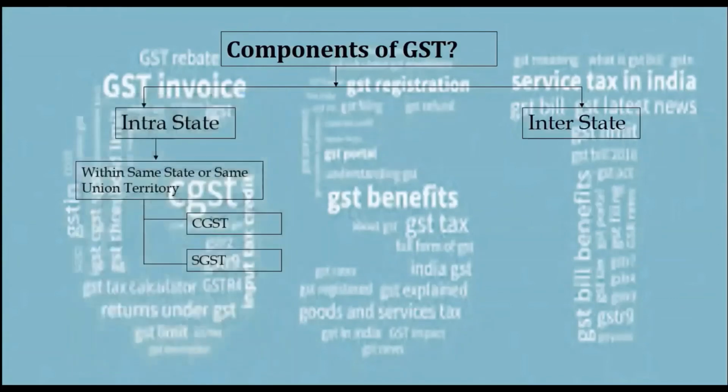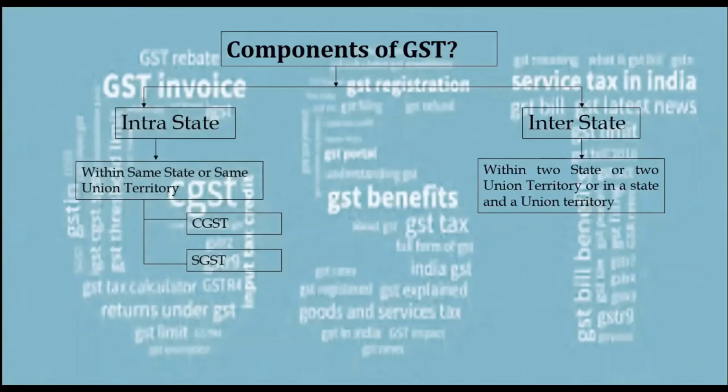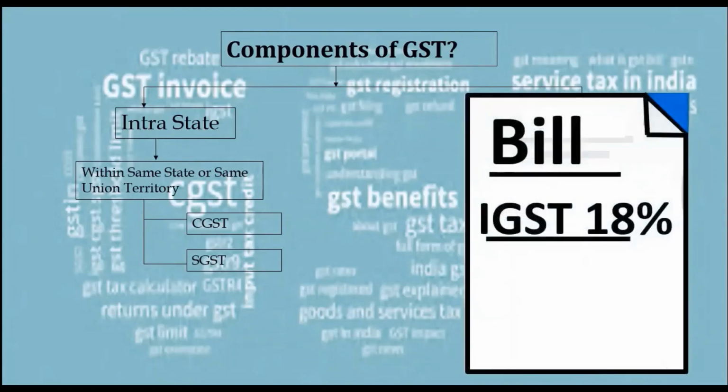The second is the interstate. Interstate means within two states or two union territories, or in a state and a union territory. For example, now Ladakh is a union territory without legislature, so it's a union territory under GST, and if the supplier is in Ladakh and the recipient is in Maharashtra, then IGST will be levied.